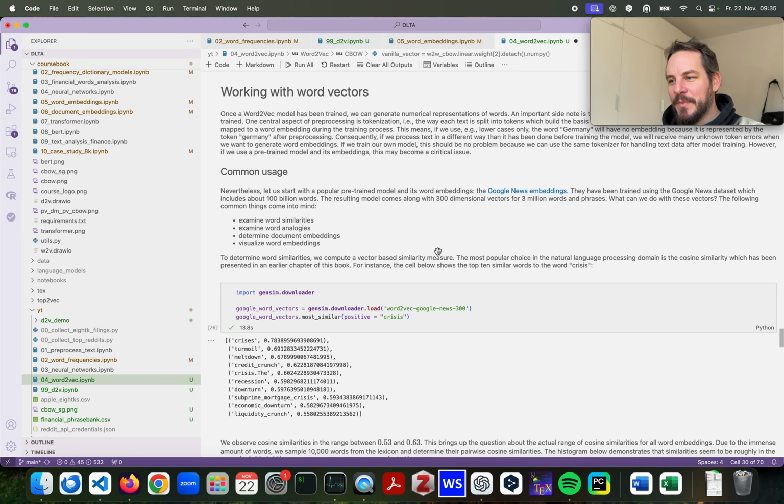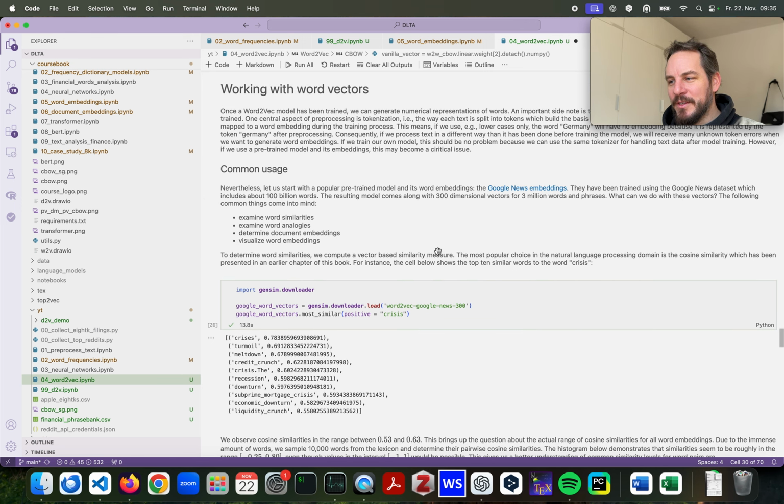But to me, it's most often about the applications here. So let's talk for about 5 minutes about the common usages. What you can do now, and this is, in my opinion, a spectacular thing, is calculate with words, because they are vectors, and now you can use regular vector calculus to handle words.